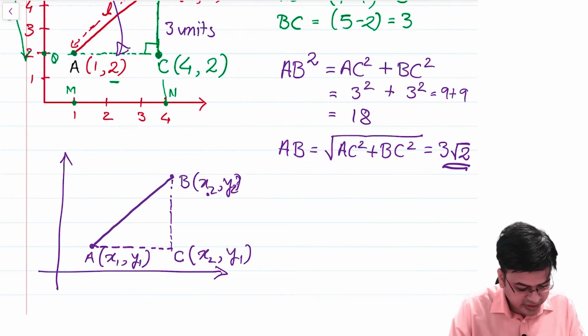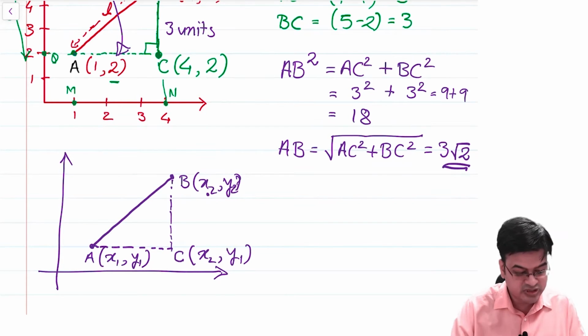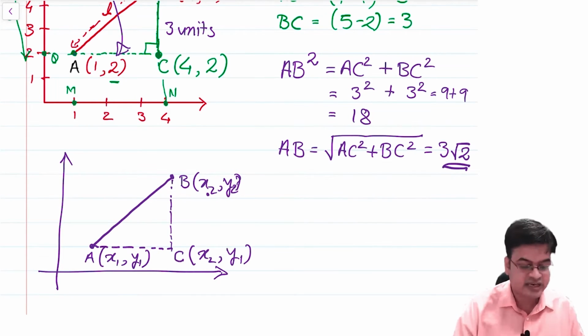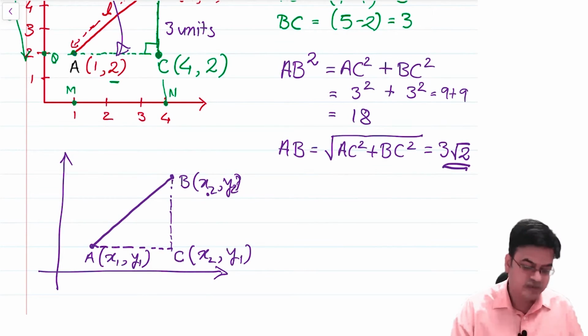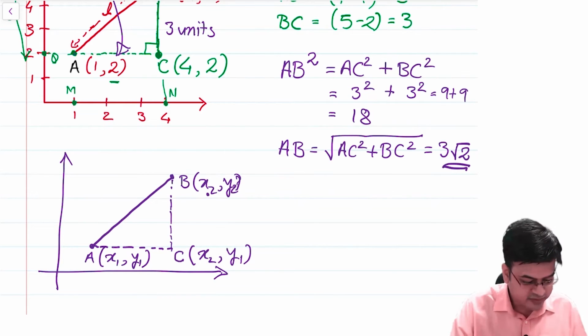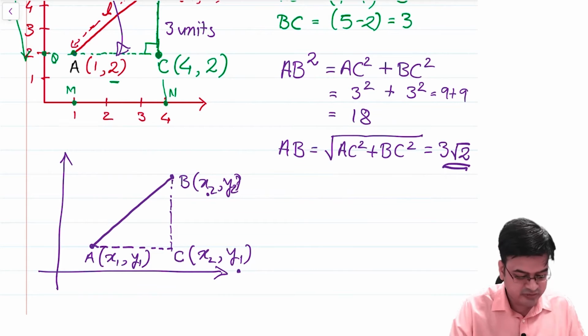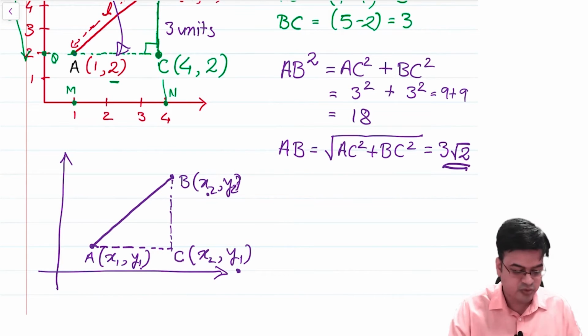Because if you look at point B, the x coordinate of B will be the same as the x coordinate of C, because they are on one vertical line. In a similar manner, if I look at points A and C, they are on the same horizontal line, therefore the y coordinates will be the same for them. So y1 is the same coordinate for both of them.